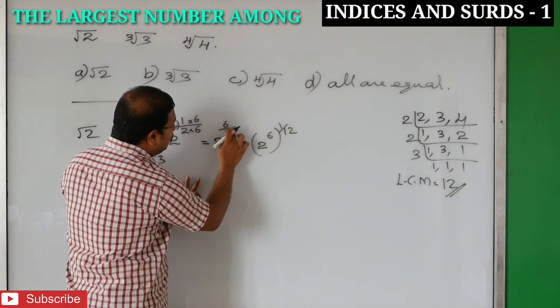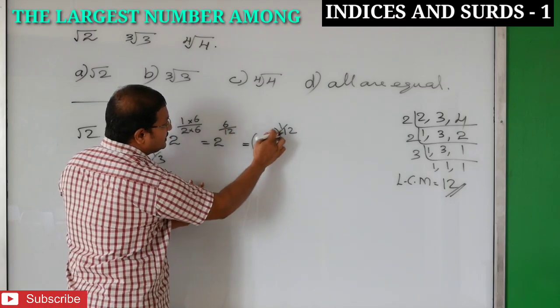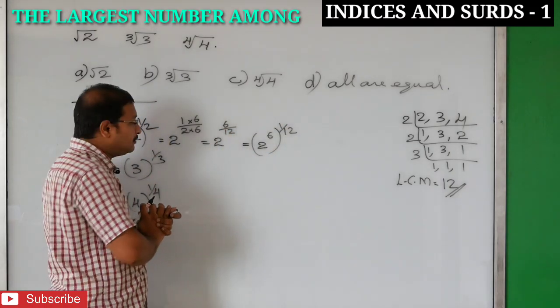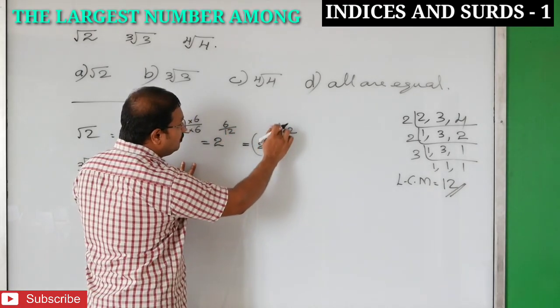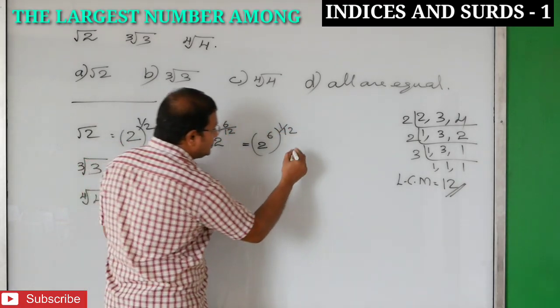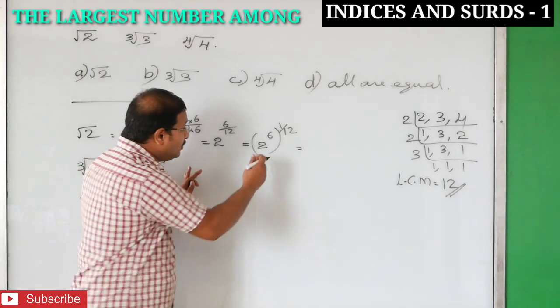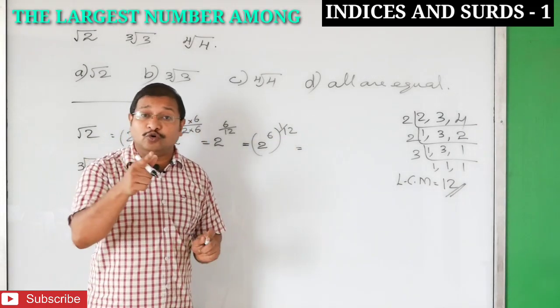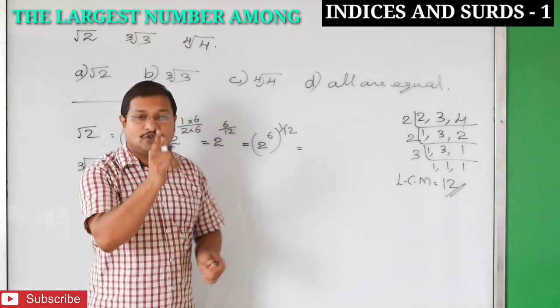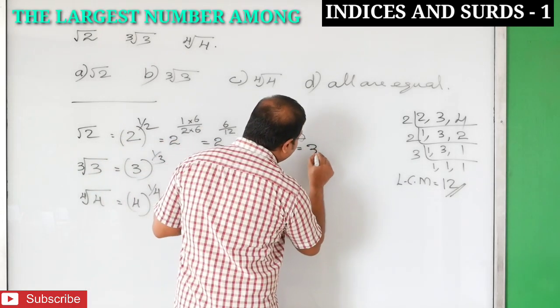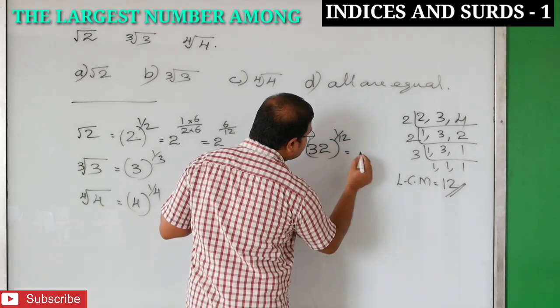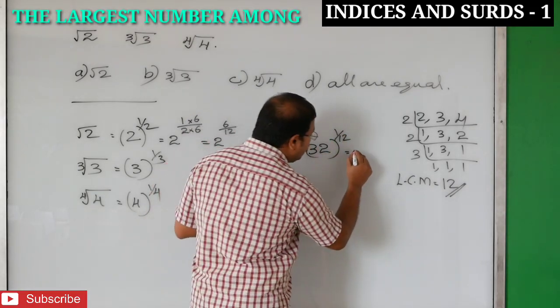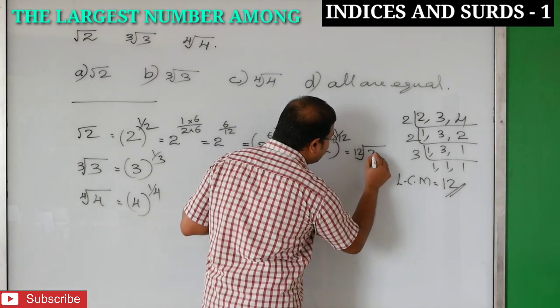See, 6 into 1 by 12 is 6 by 12. This equals, now, 2 raised to 6 means 2 multiplied 6 times. So if you multiply 6 times, you get 32 raised to 1 by 12. Hmm, actually 64 raised to 1 by 12, which means you can write the 12th root of 64.